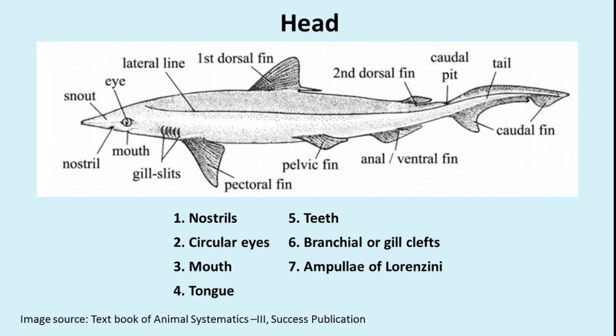Both our eyes see the same thing, and the brain processes it as a single image. Whereas in this case monocular vision is there. The eye on the right side sees what is present on the right, and the eye on the left side sees what is present on the left. Accordingly the information will be processed. Because of this kind of placement, binocular vision is not possible and they have monocular vision.